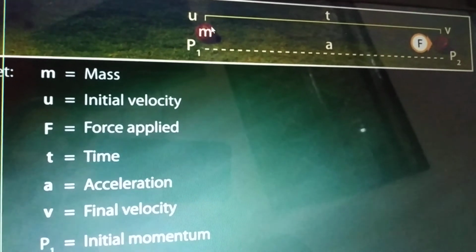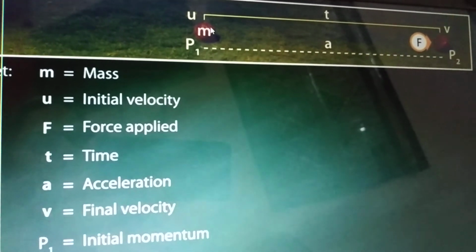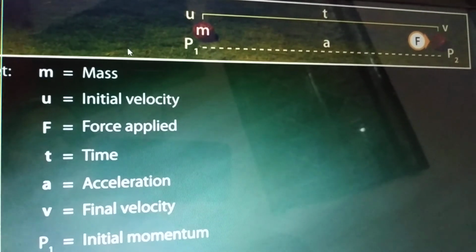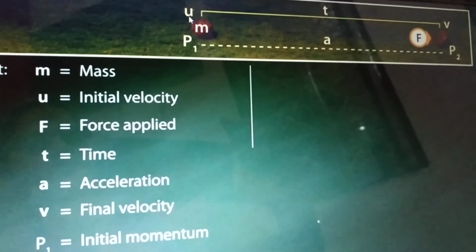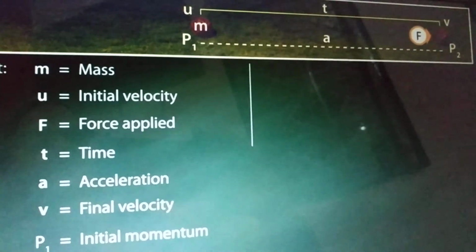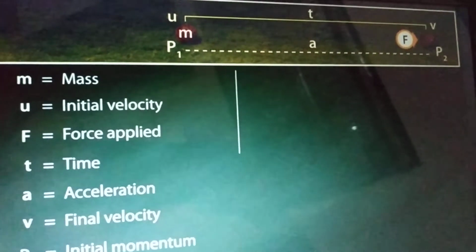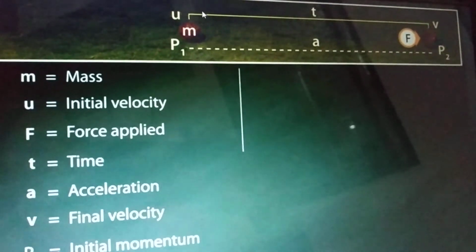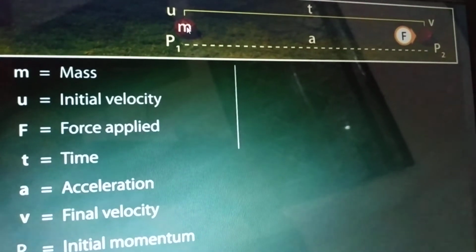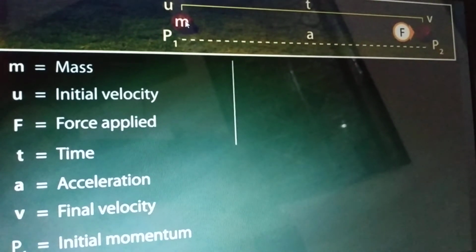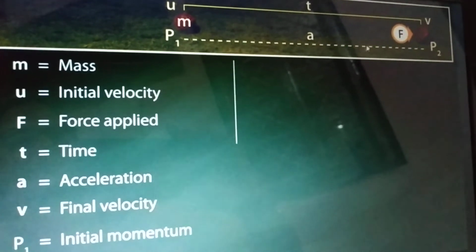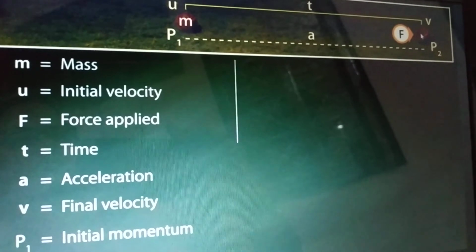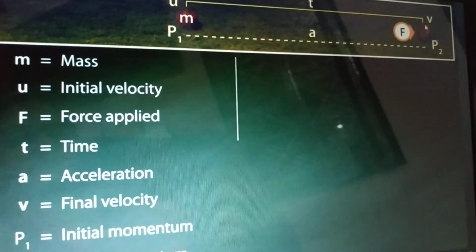So there is a ball which has mass m, right? We consider it m. So you know the initial velocity from where the ball starts, and after that it is pushed by some force and reaches a point, and the velocity changes, that is v.